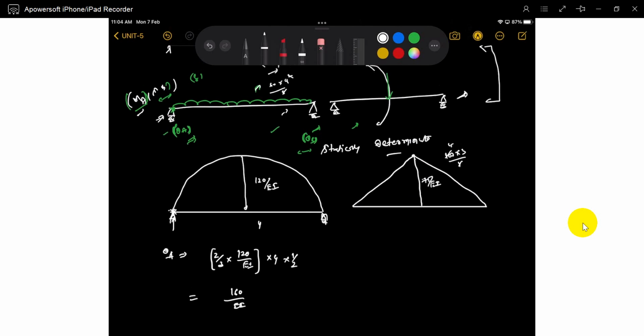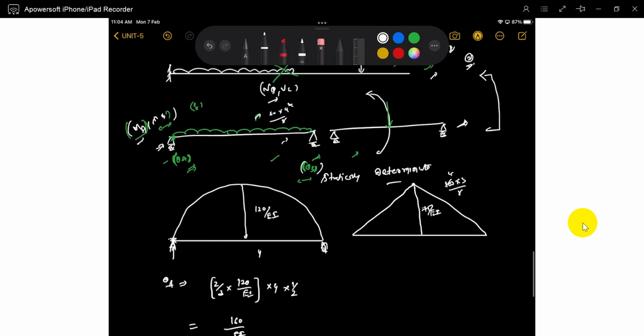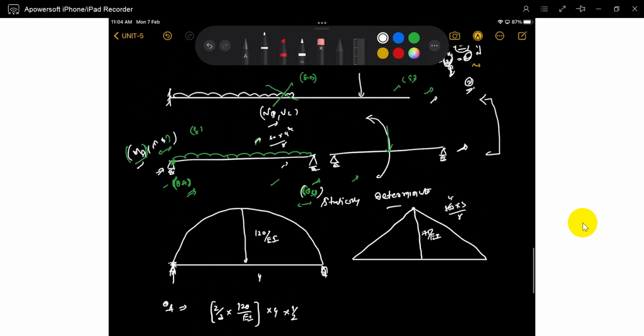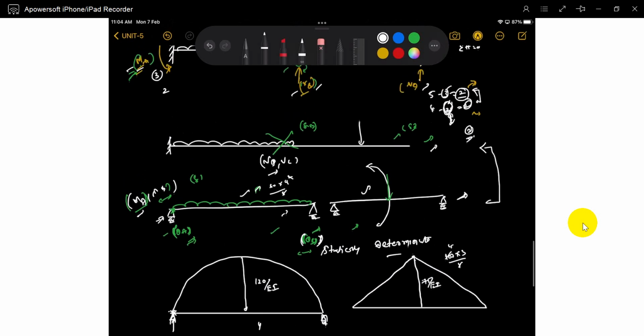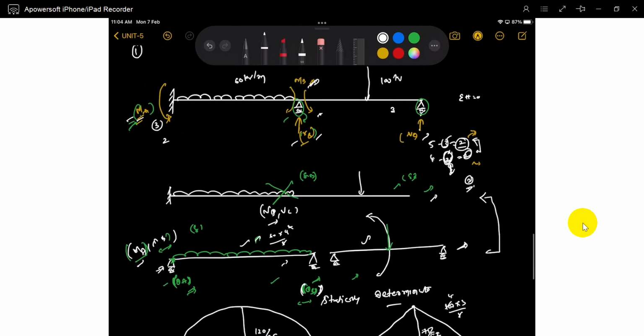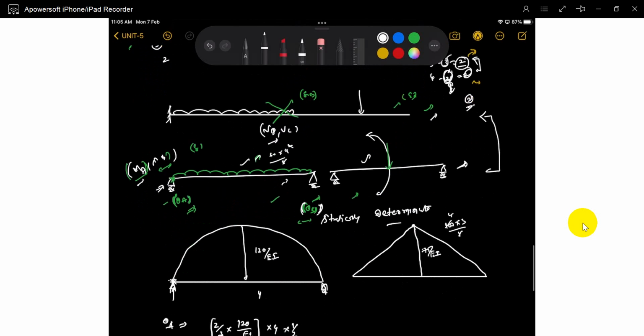So what is theta B? For the rotation at theta B, the rotation is caused by this load and this load also. Both will give theta B, because B is a joint. Theta B is not only from this, and not only from this.